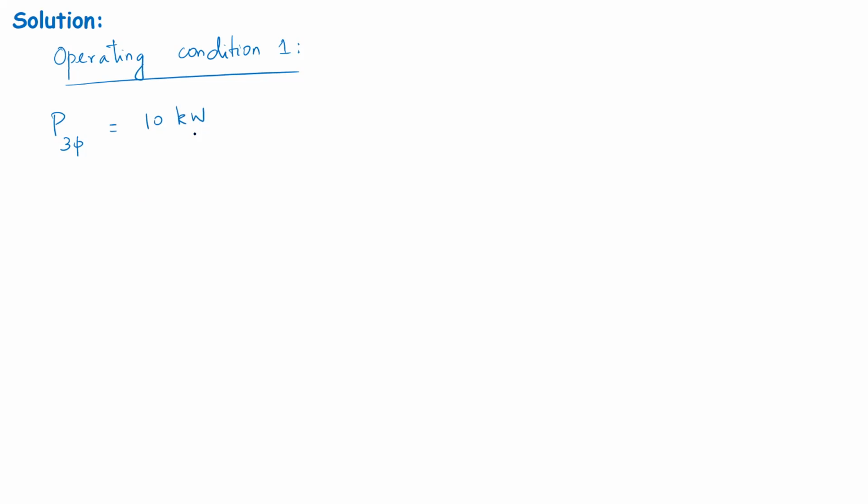See, the unit very clearly says it's in watts, therefore it is already real power P. In some problems, the apparent power will be given. Let's say it's 15 kVA at a power factor. Then in that case, you need to solve for real power P from apparent power and power factor, and then proceed. So 3 phase real power is given as 10 kilowatt.